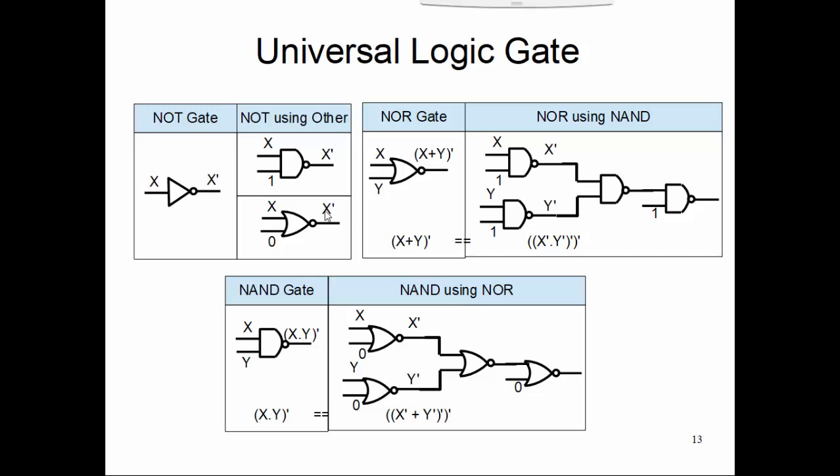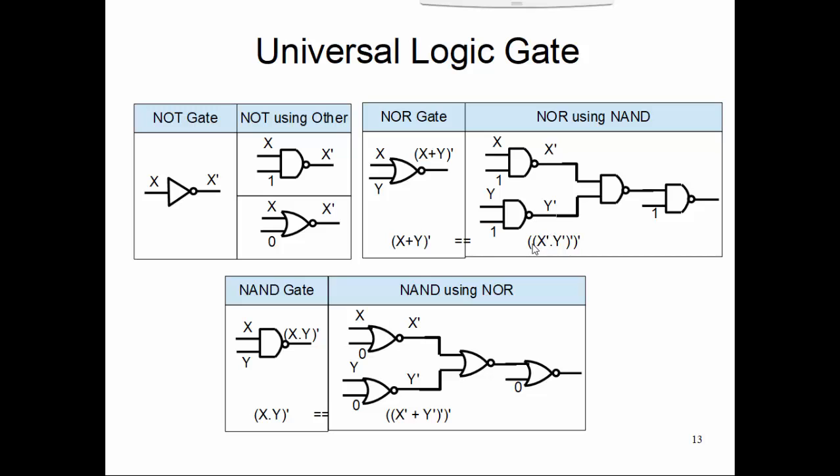How about NOR? NOR is the function (X OR Y) whole bar, which by De Morgan is X bar AND Y bar. So if it is X bar AND Y bar, then X bar I can compute by a NOT gate, like a NAND-based NOT.